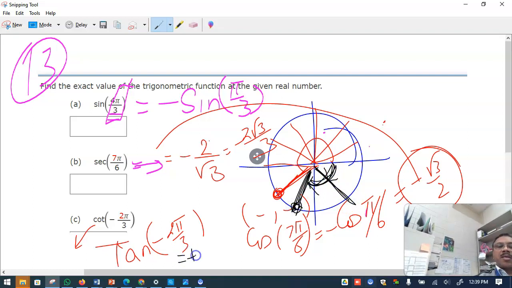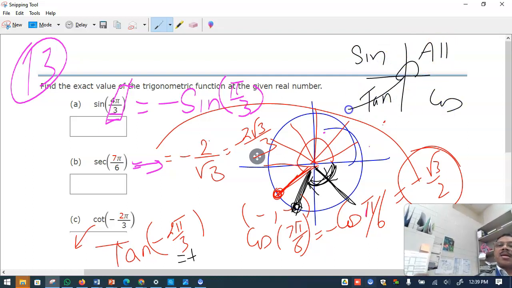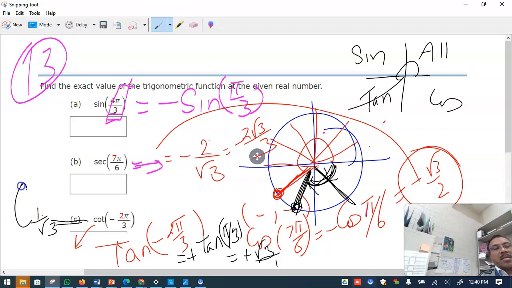Tan is positive because remember, all here, sine is positive, here tan is positive, here cosine. So any angle here, tan is positive. But because we want cotangent, this is over 1, right? So this becomes 1 over root 3. And you're done.